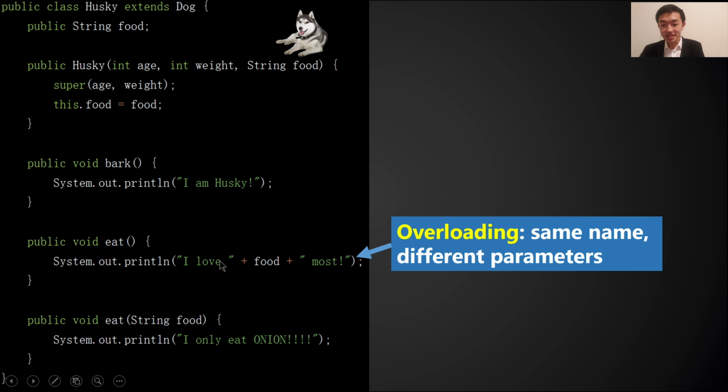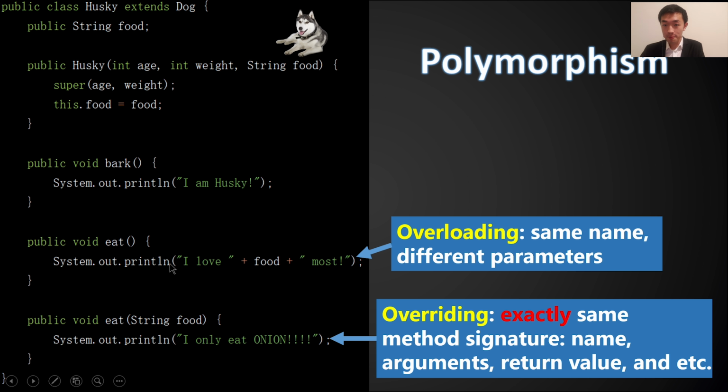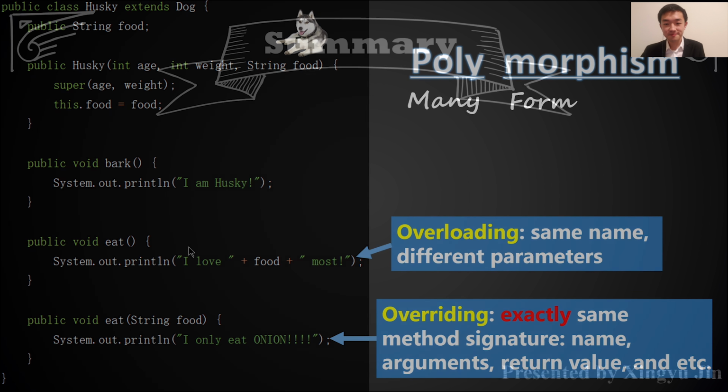The first eat is different from the dog class, but it's kind of the same because they have the same name, and this is what we call overloading. The second one has exactly the same method signature, but it's different in what it does, and this is called overriding. And all of this is called polymorphism, where poly means many and morphism means form. So we are able to build different forms of the same method.